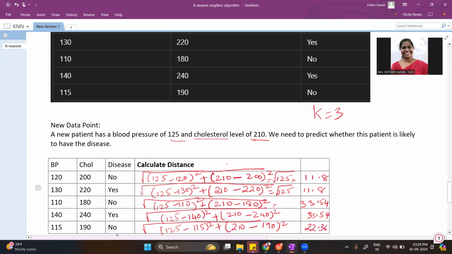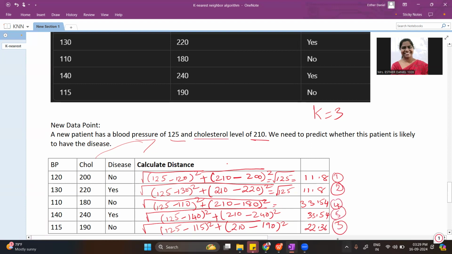So we found the distance of these five patients with respect to the new patient, who has a blood pressure level of 125 and cholesterol level of 210. After finding the distances, we have to sort them. When sorting, this comes first, this comes second, and here it is third. Then these two are fourth and fifth.